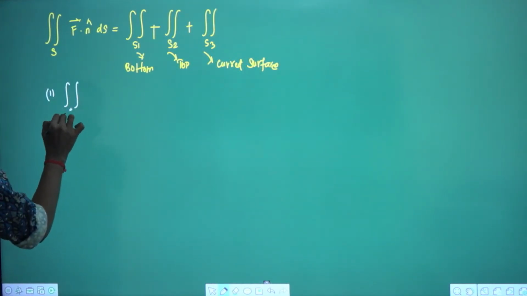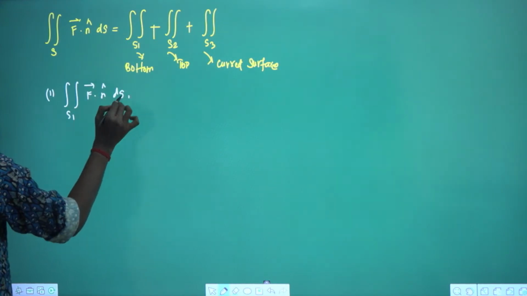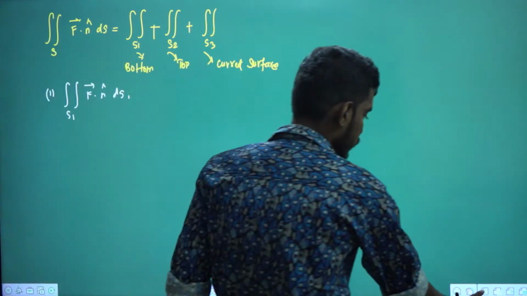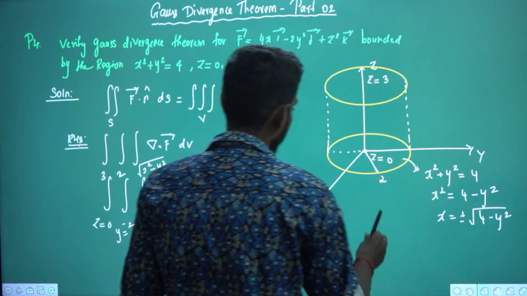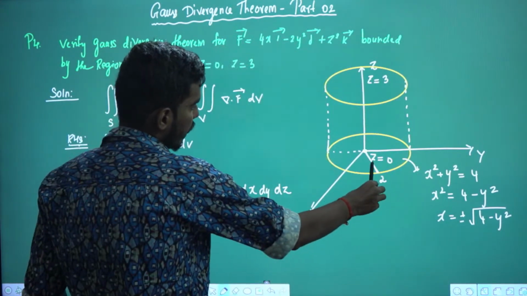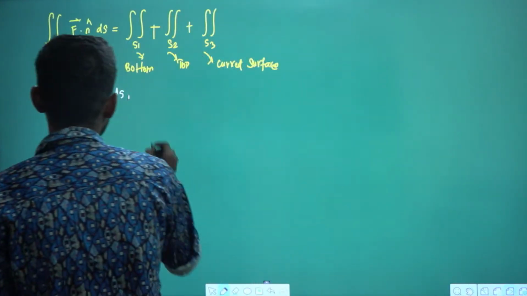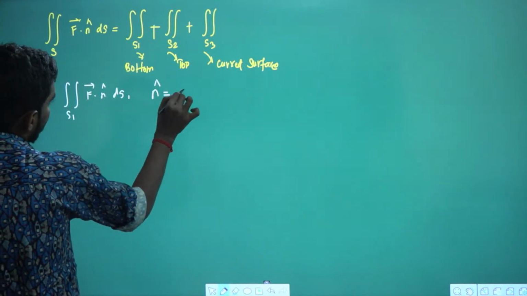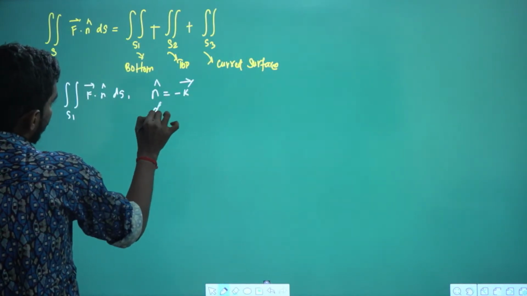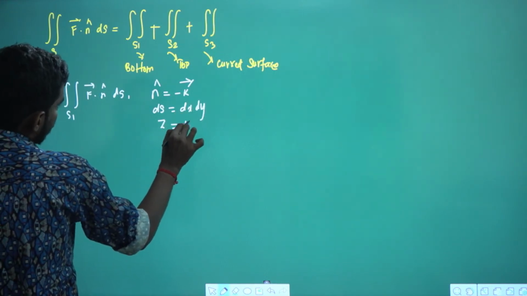So double integral over S1 of f vector dot n cap ds, right? Now again this is the same as the previous problem. So for the bottom surface, your n cap will be minus of k vector and your ds is dx dy, and for this z is 0.